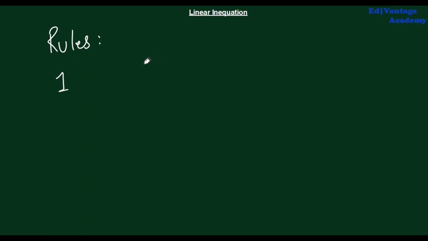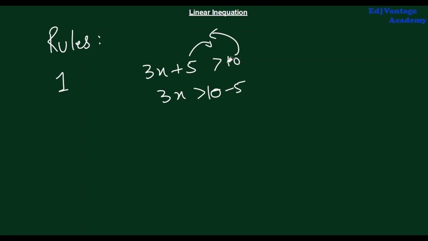That means if you have 3x plus 5 is greater than 10, all of you will think that 5 has to go with 10. On transferring a positive number to the other side, it will become negative. We all know that it happens in a linear equation also. If you send 10 to that side, it is positive 10, it will become negative 10.